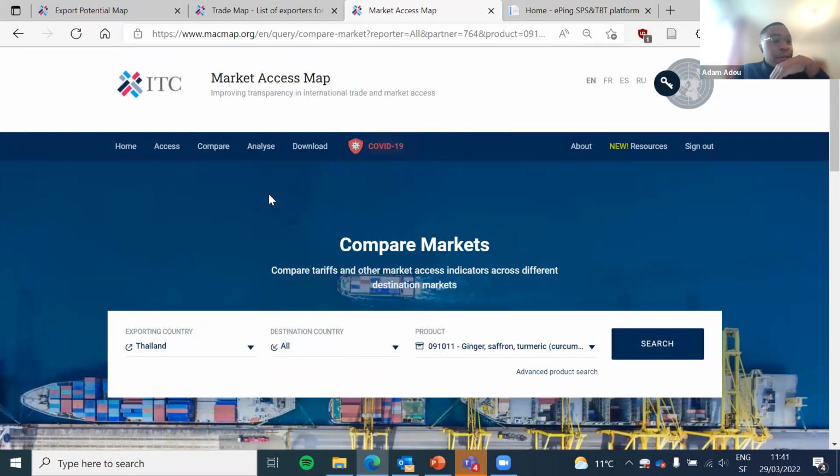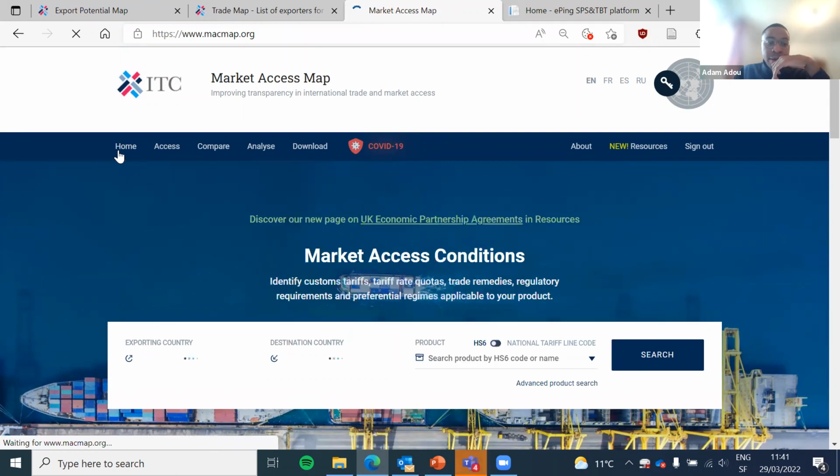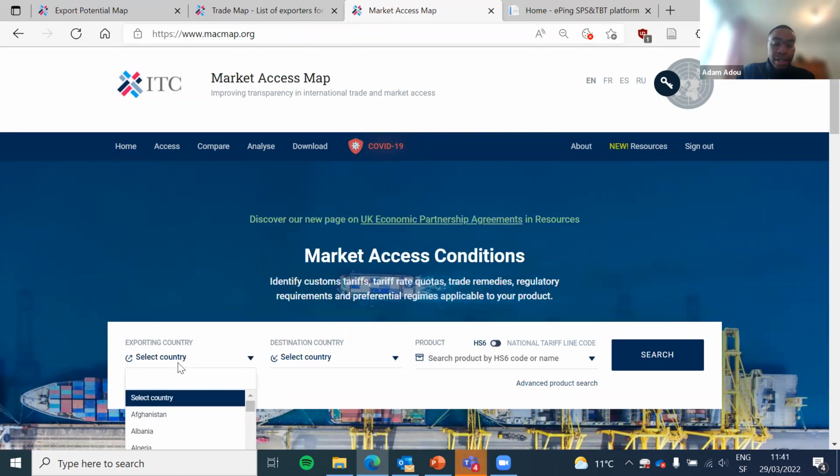And I just wanted to give an answer to the question we had at the beginning regarding market access: why Thailand was exporting more to Pakistan than to the Netherlands. Let's take a look at what's happening with Pakistan.